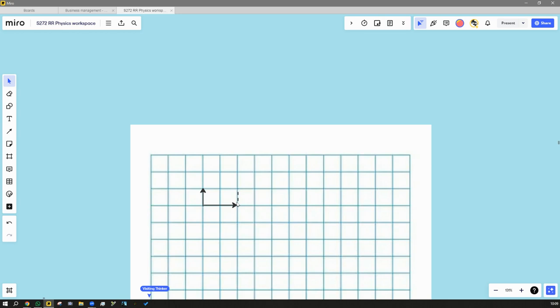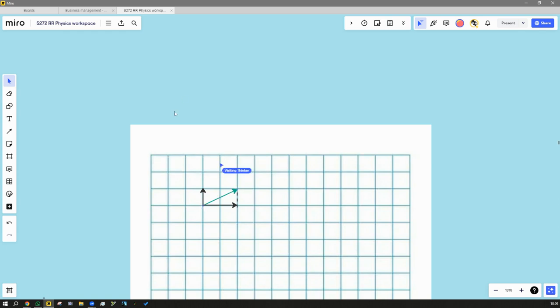Then the parallelogram rule is you draw it from one end to the other. So I'll colour that in green, do an arrow there. That green arrow represents the resultant force, and it's a vector.